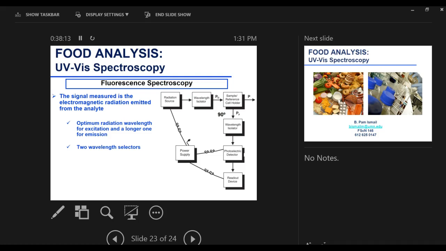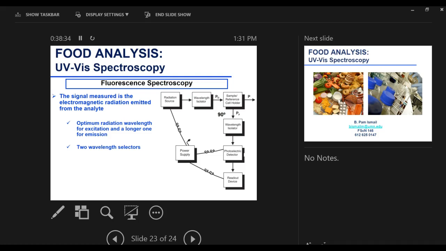Fluorescence spectroscopy, the setup is pretty much the same with one additional component. In fluorescence spectroscopy, we're not measuring absorption, we are measuring emission of light, the fluorescence. But we have to have a selected wavelength for absorption.